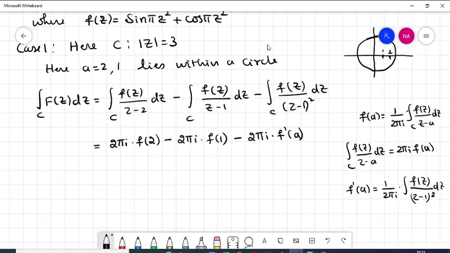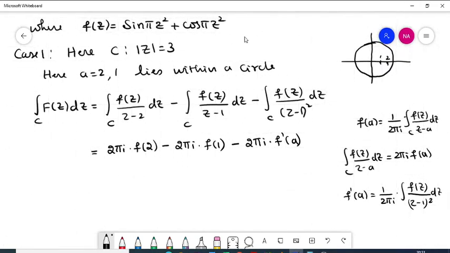We have here f of z equal to sin pi z square plus cos pi z square. So the first term will be 2 pi I times f of 2. What is f of 2? You have to put z equal to 2 here, that is sin 4 pi plus cos 4 pi.